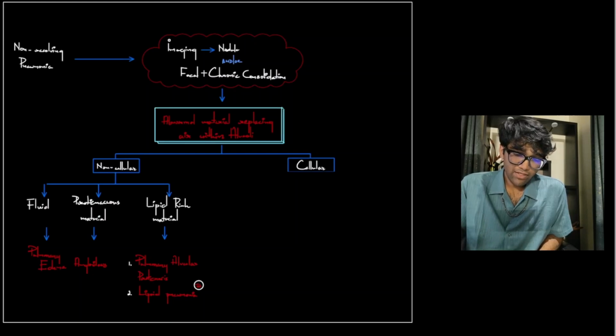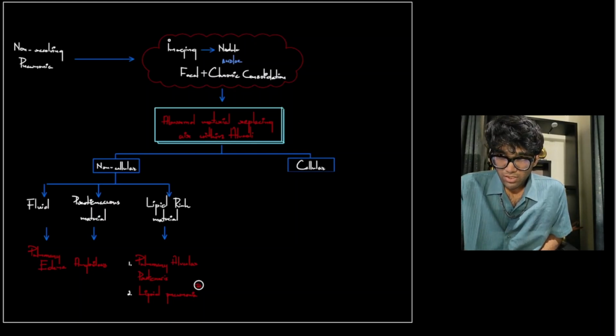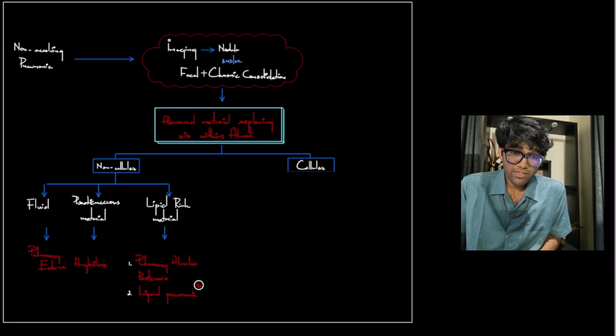Okay, and when it is a non-cellular material, particularly within the alveoli, these are the possibilities. So the alveoli, like I have discussed in previous discussions, the interstitium of the lung has negative pressure in it, so usually the alveoli are dry. Okay, and that can get perturbed, so you could have pulmonary edema.